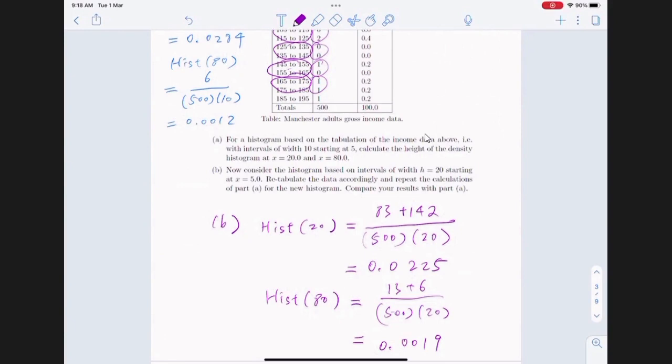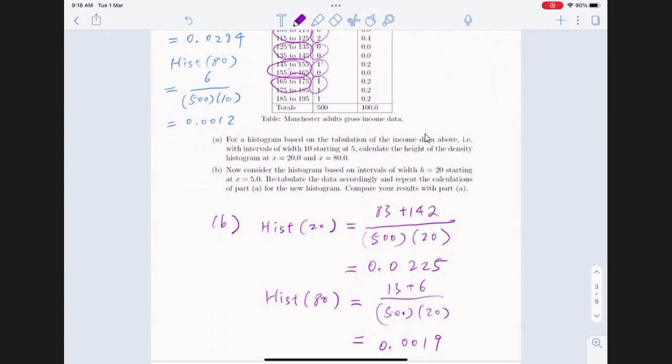Imagine that one student constructs a histogram using the intervals defined in part A, and another constructs a histogram with the intervals defined in part B. The shape of the histogram will still be preserved.